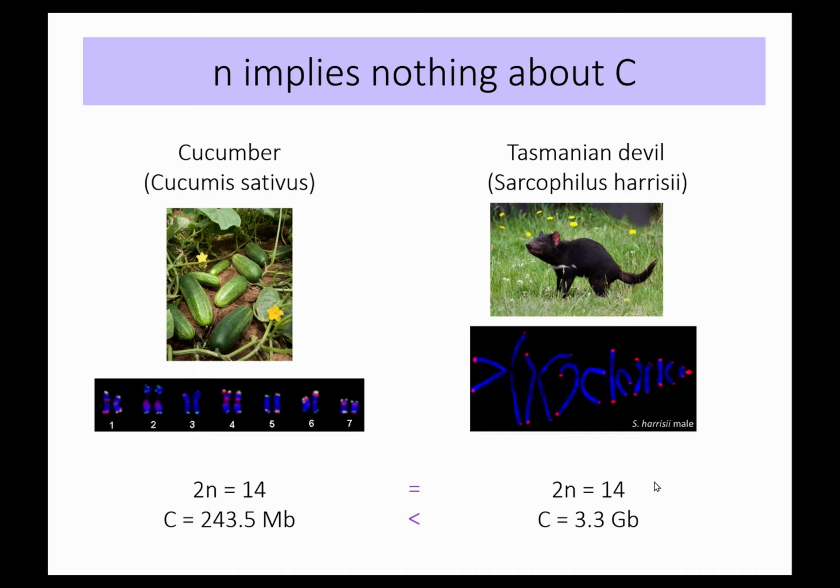Yes. They're longer, absolutely. They're significantly longer, right? Maybe not each and every one of them, but a good proportion of them has to be significantly longer in order to account for that 3.3 billion bases. So the Tasmanian devil packs in so much more DNA in the same number of chromosomes than a cucumber.